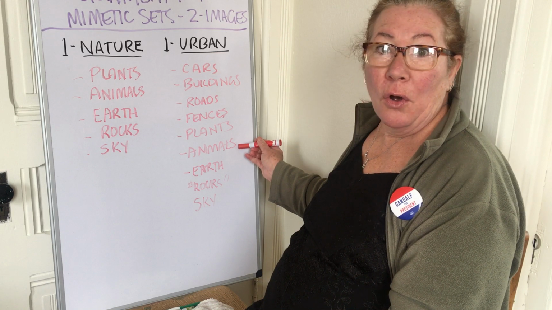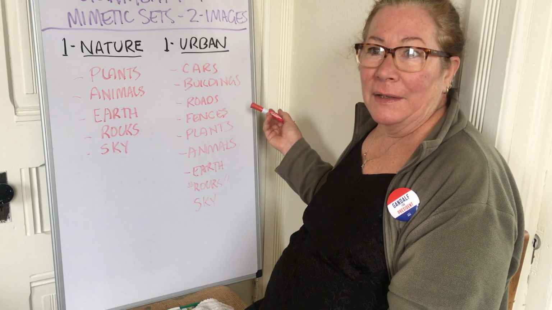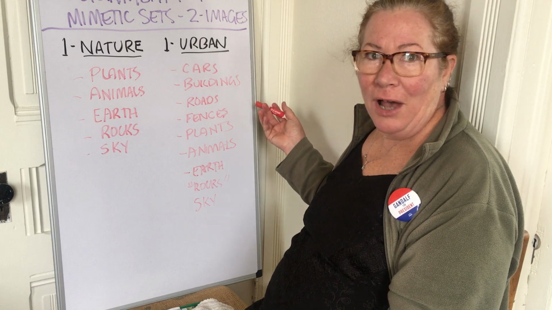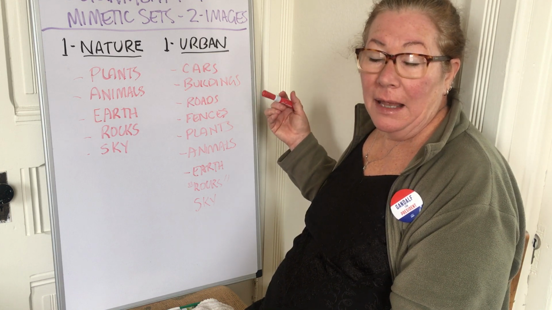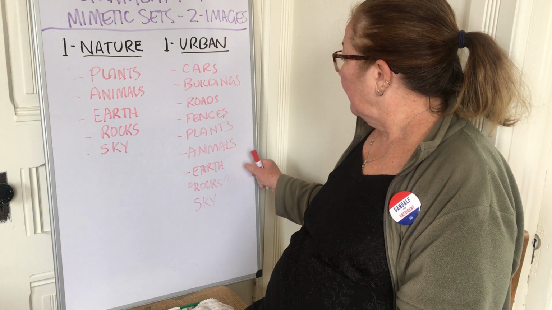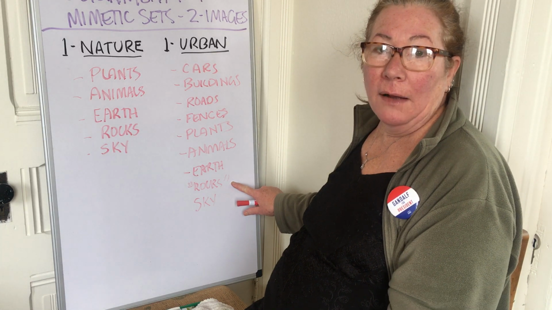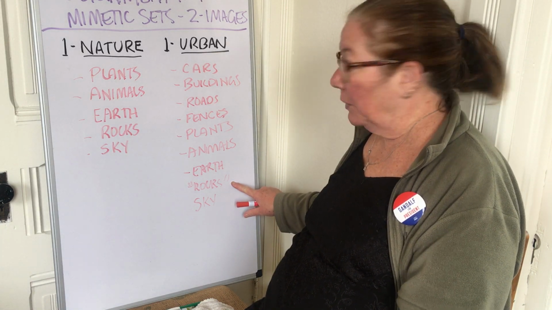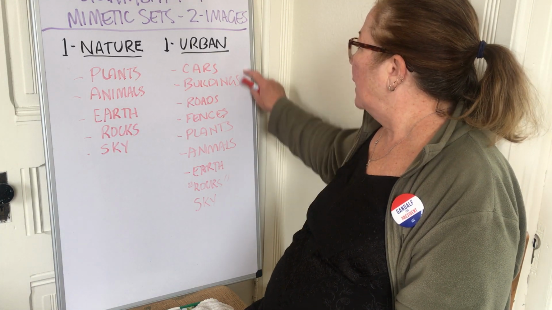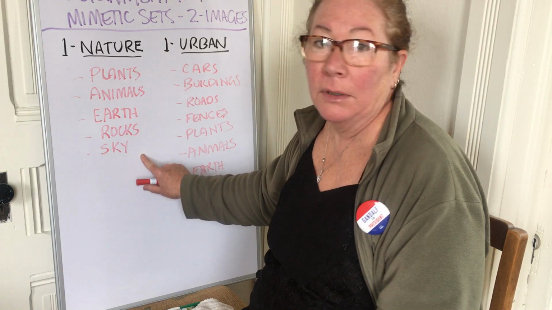We have animals in our homes, such as dogs and cats and birds and fish. We have all kinds of domesticated animals that basically can't live without us, right? And we have, say, man-made rocks, such as cement and pavers, things like that. So there's lots of different ideas that you can match up with these guys, okay?